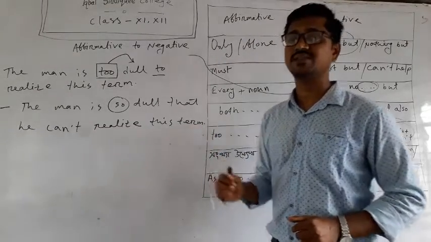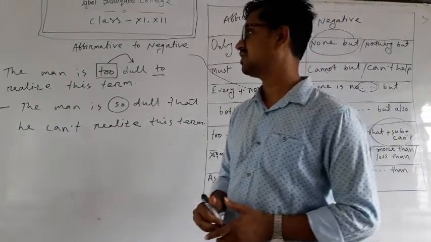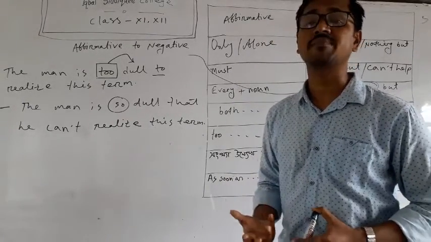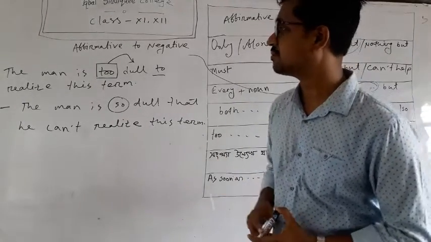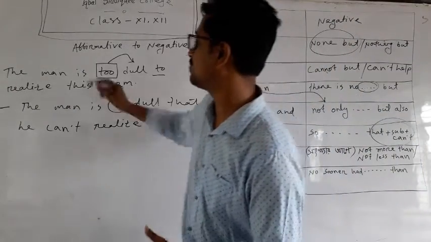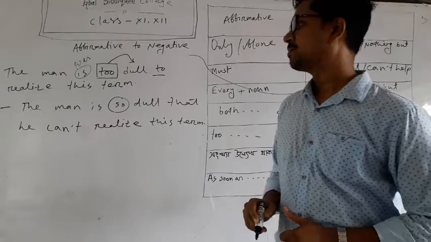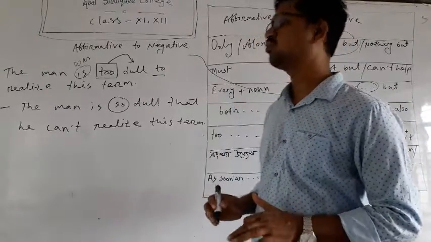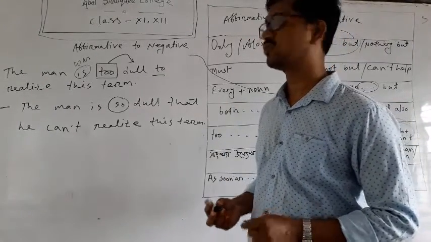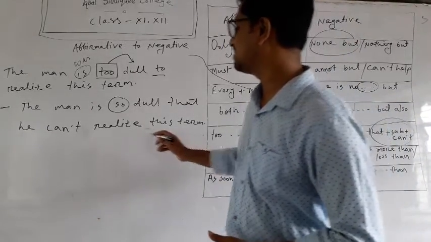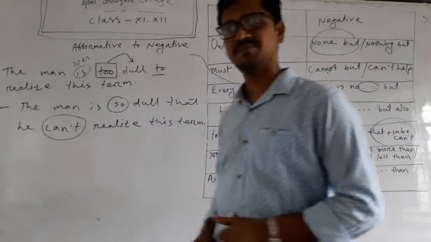I want to say one thing that I see sometimes in your answer scripts. Sometimes the verb is in the past, "was", but when you make it a negative sentence, we don't find that you made the verb past.